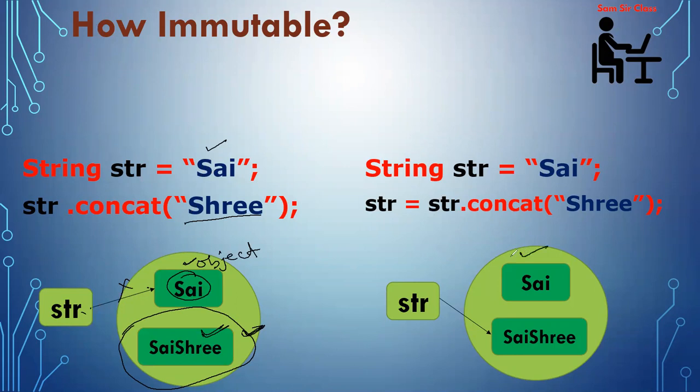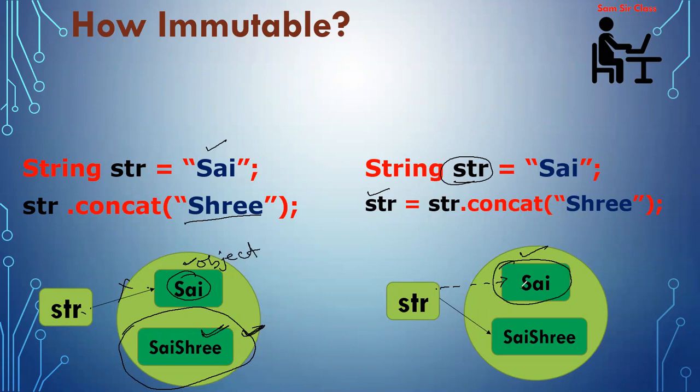Now you can see the second example. I have created one object, and previously str is pointing to this one. I am writing str.concat 3, so the value will become size3, and that size3 I am assigning to str. Maybe you are thinking that this str is pointing to size3 by changing the old object. No, the previous content of str, this object, we are not changing.